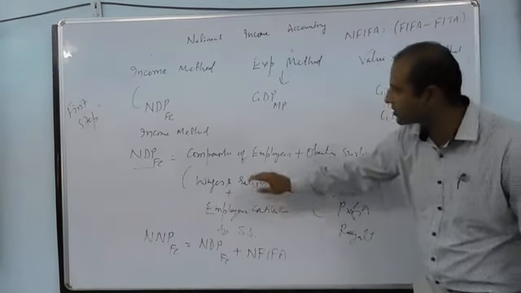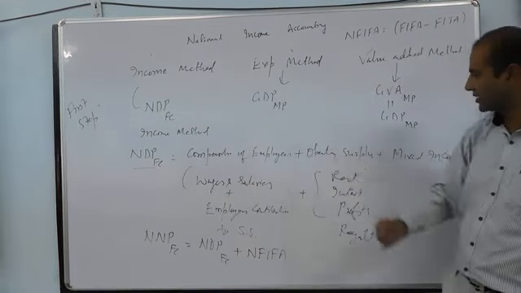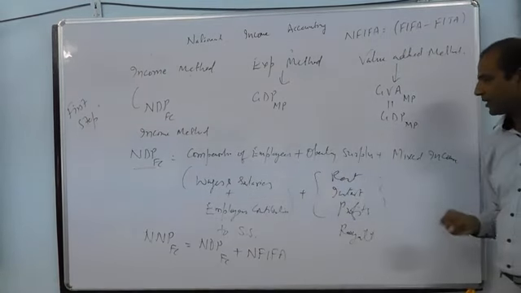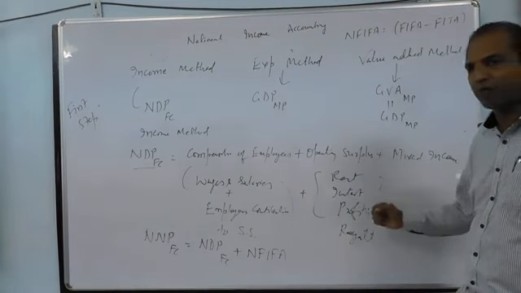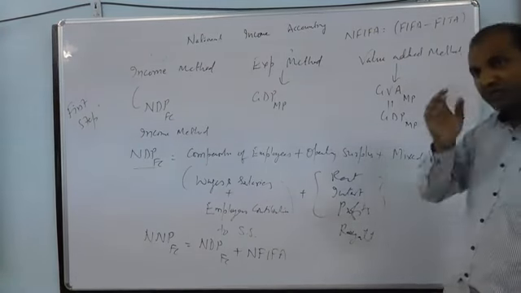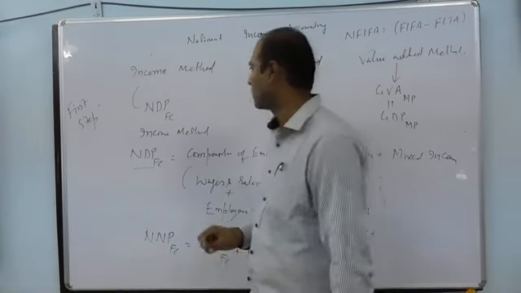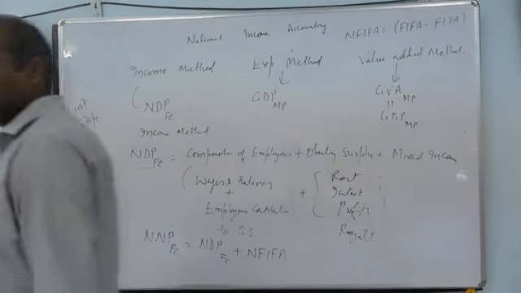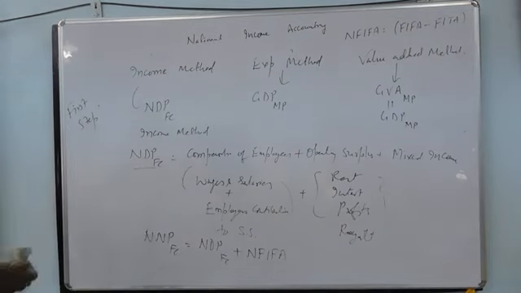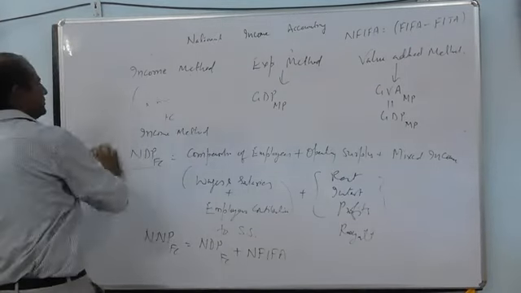These two together constitute compensation of employees. Then we are having operating surplus, which is the sum of rent and royalty, interest and profits. Then mixed income. If mixed income is not given, take it 0. Just note down the formula. Now how to solve a sum? सम को कैसे solve करना है?